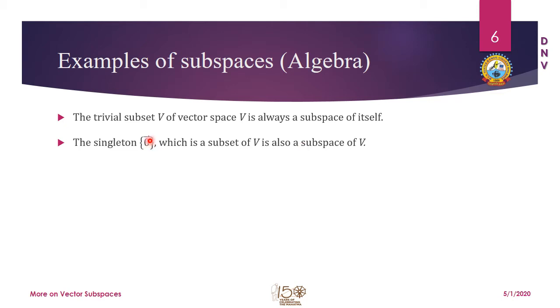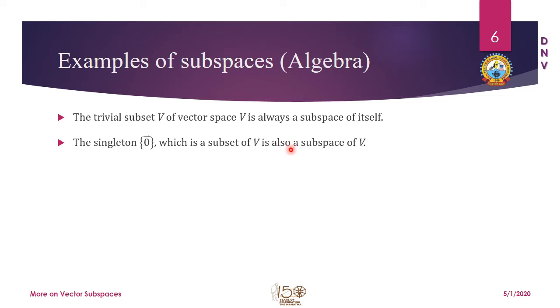When 0 is there in the set, the first axiom is already satisfied. The second one is 0 plus 0 is again 0 and it is already there in the set. So the second condition is also satisfied. And if I multiply this 0 by any scalar taken from the field F, then it will again be 0. That means the third condition is also satisfied. So hence we can say that the singleton containing the 0 vector is again a vector subspace of the parent vector space V.